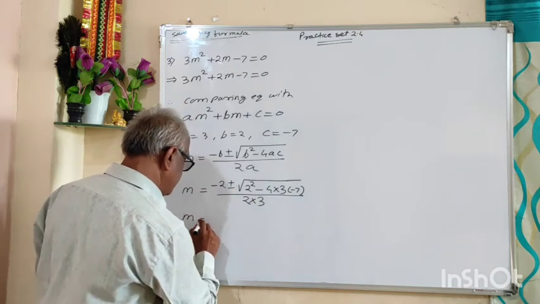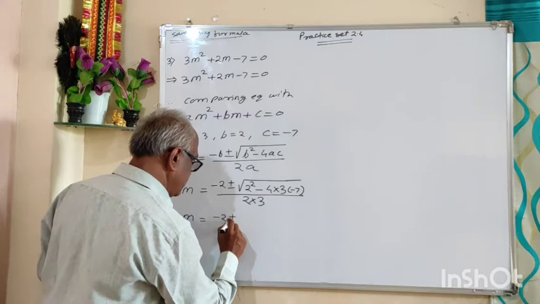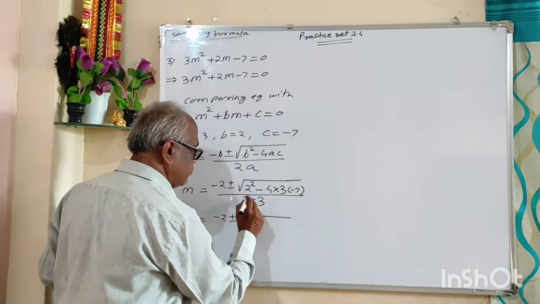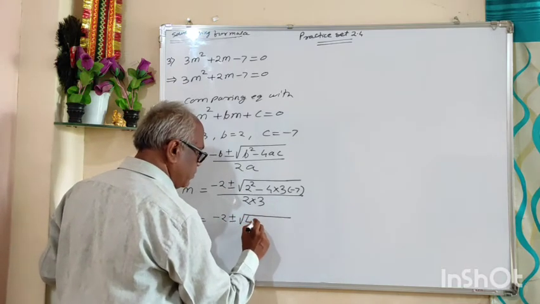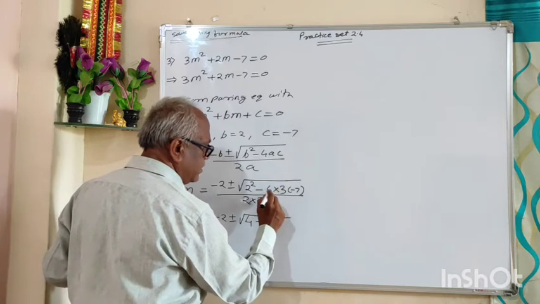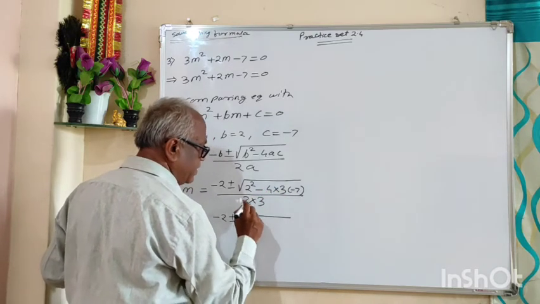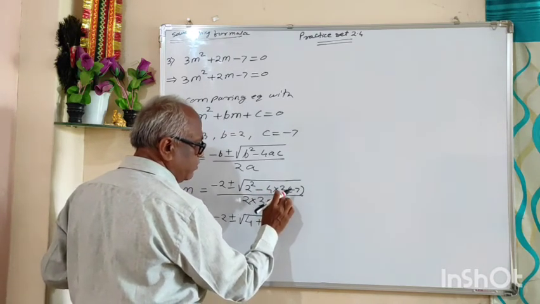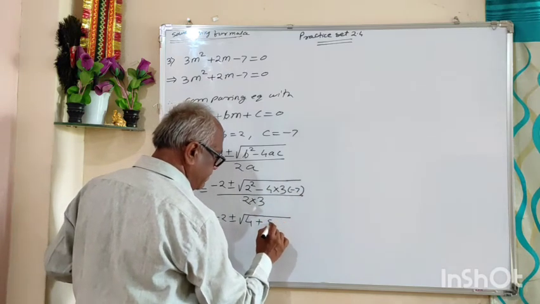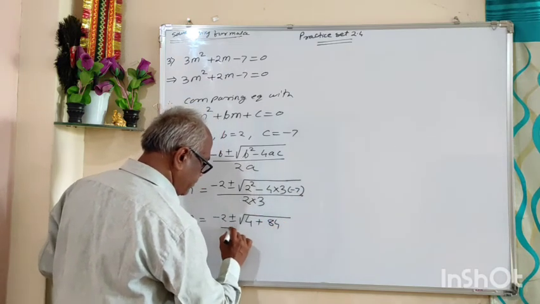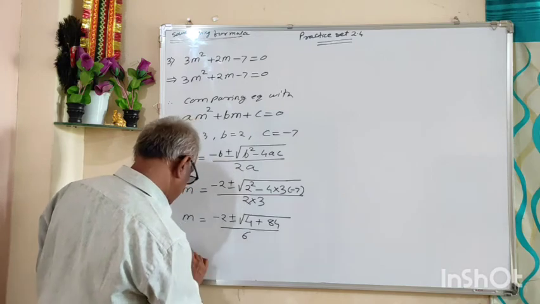M is equal to minus 2 plus or minus under root 2 square is 4 minus 4 3, here minus into minus it will become plus, 4 3s are 12, 12 7s are 84 upon 6.